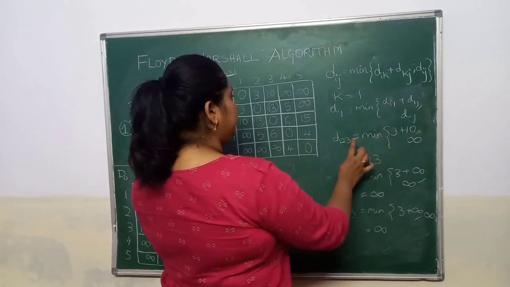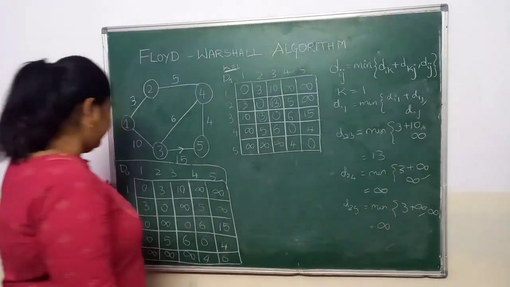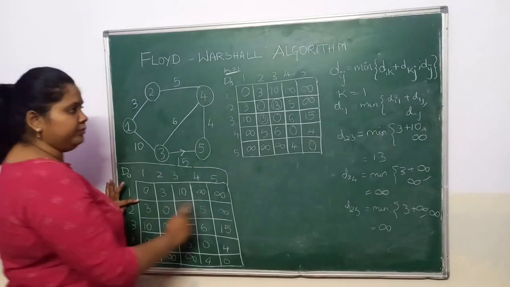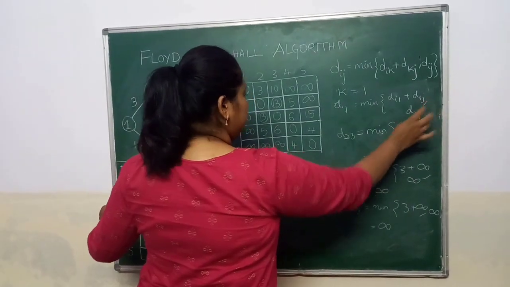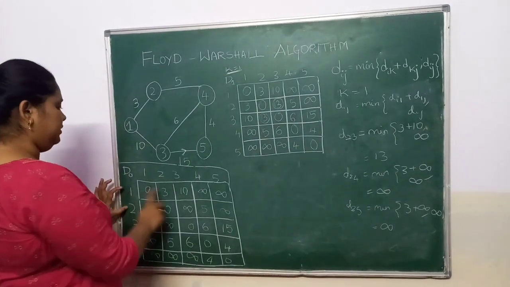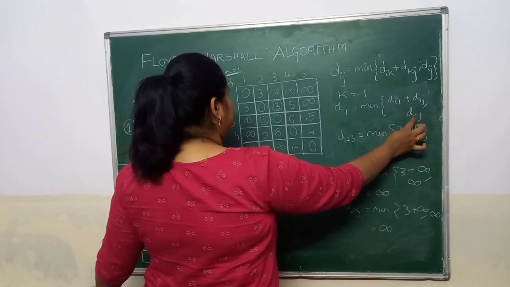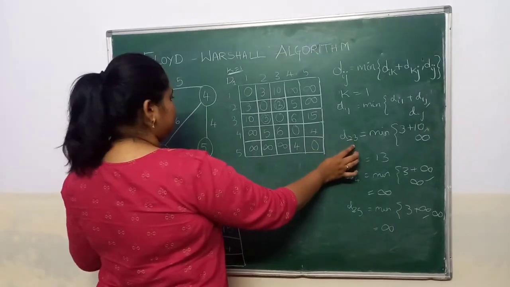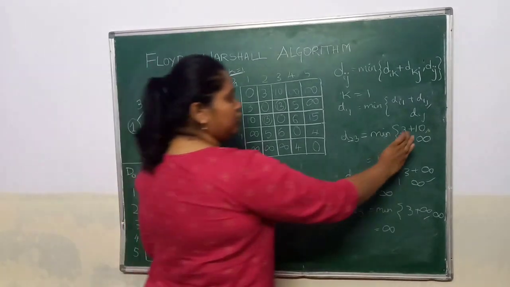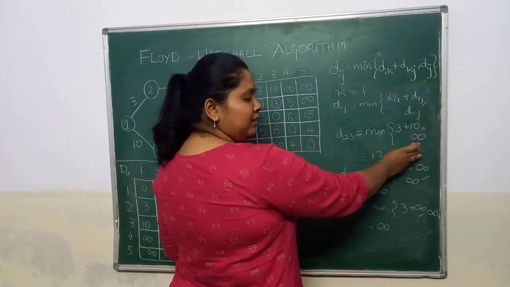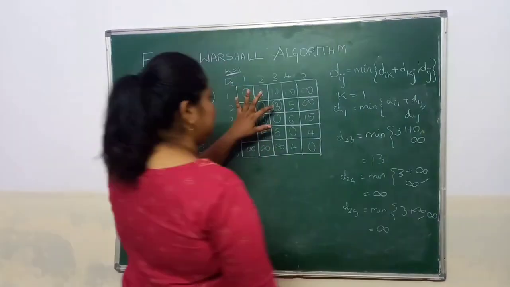Minimum of D2,1, that is 3, and D1,3, that is 10. So 3 plus 10, and Dij, that is the previously used value of 2,3, which is infinity. So 13, infinity. Minimum is 13. So the entry is 13.